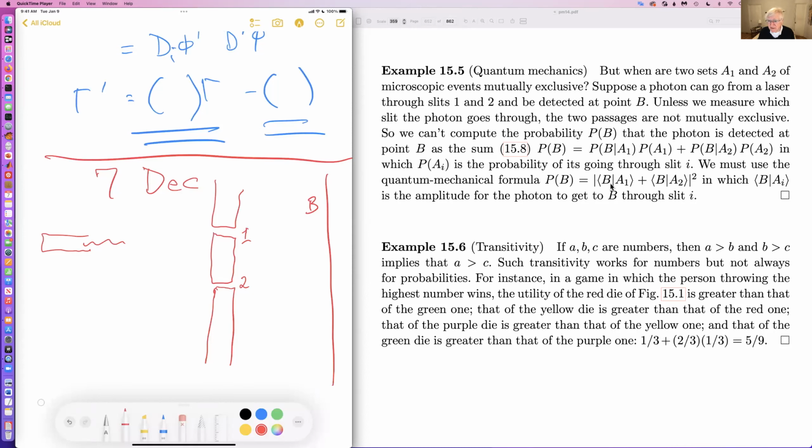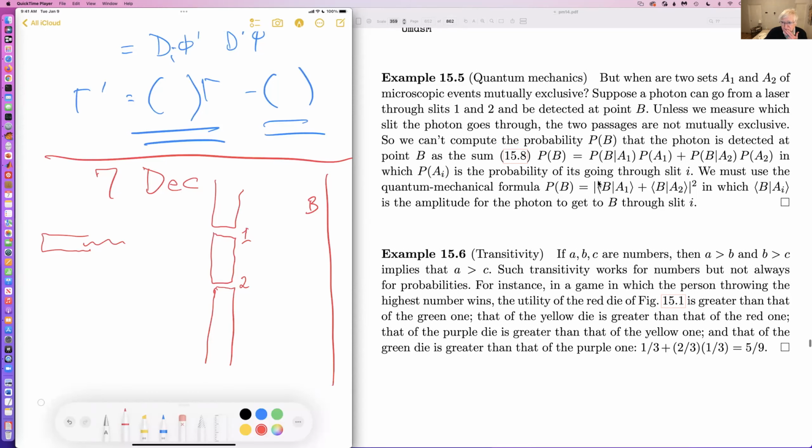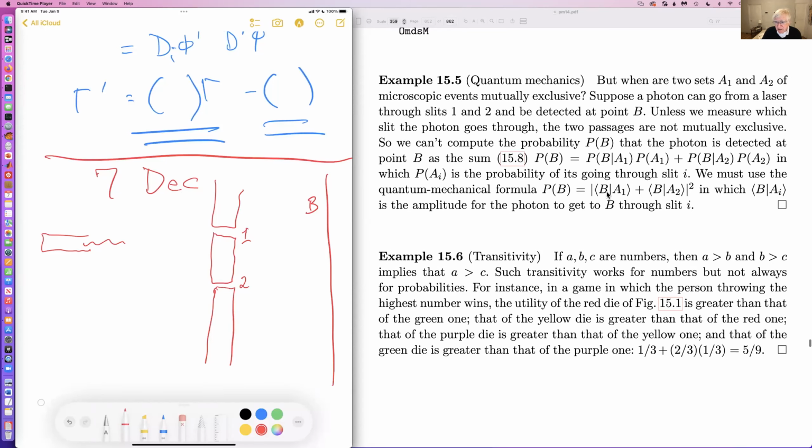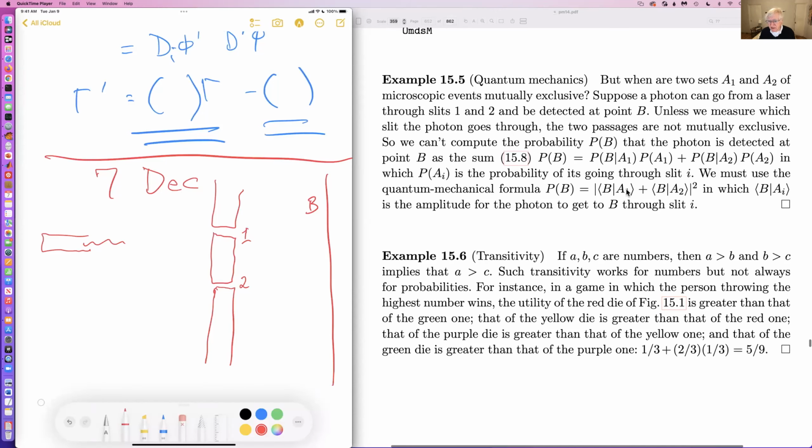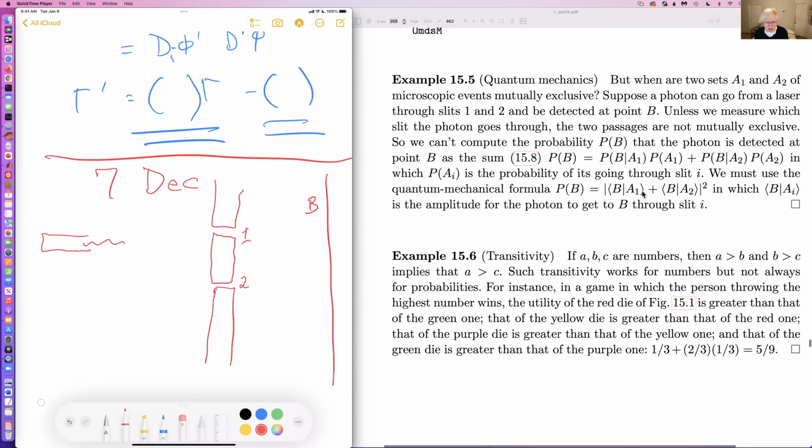Instead, one has to use a quantum mechanical formula in which bra B, ket A1, the inner product, is the amplitude that a photon goes through slit 1 and gets to B, and this is the amplitude that a photon that goes through slit 2 gets to B. And then you take the absolute value, and in general, these can be complex.